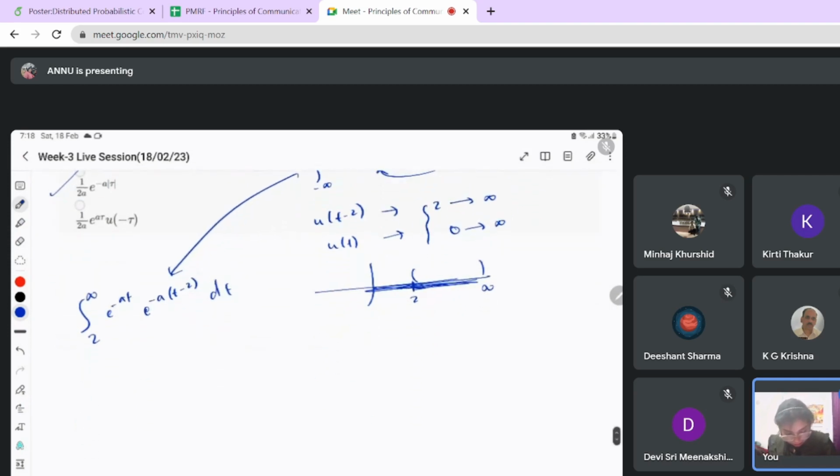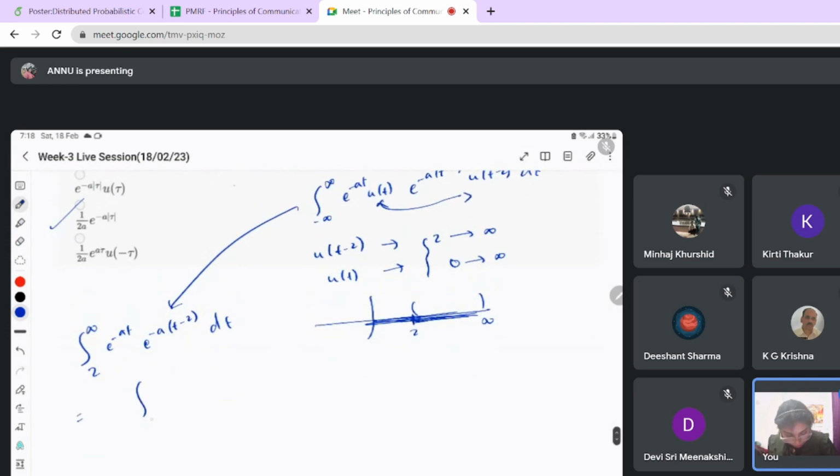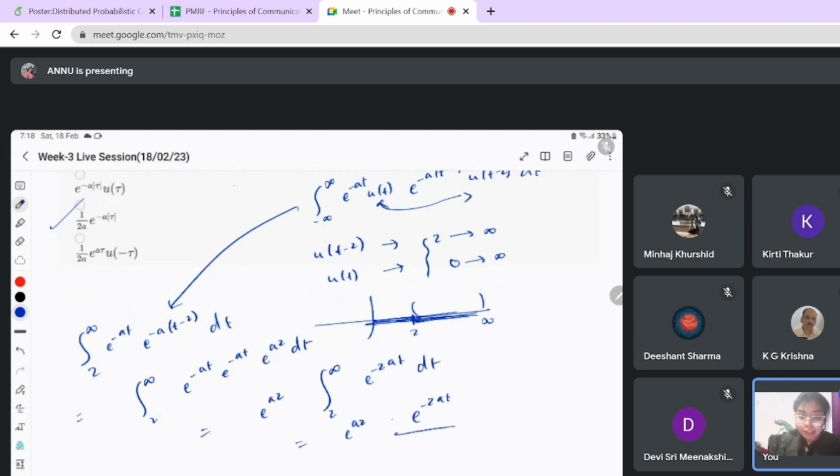So let us solve here also. It equals tau to infinity e power minus at, e power minus at, e power a tau dt. So e power a tau, tau to infinity, e power minus 2at dt. Please don't do this type of calculation like from here to here, because if you solve the rough equations properly, then you have less chance of making mistakes.